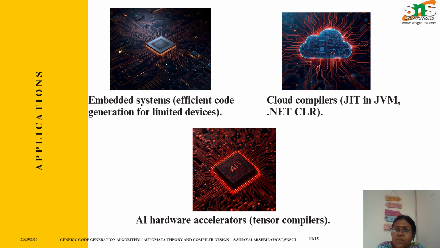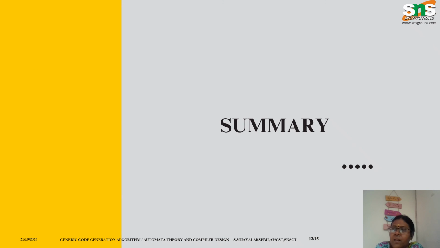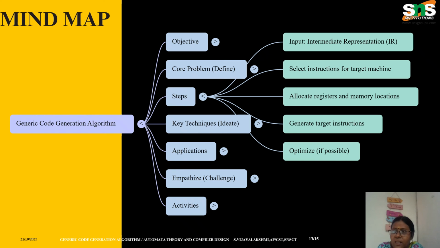Then to summarize, a generic code generator translates IR into machine code. It balances efficiency, accuracy, and resource usage. The major tasks here are instruction selection, register allocation, and peephole optimization.